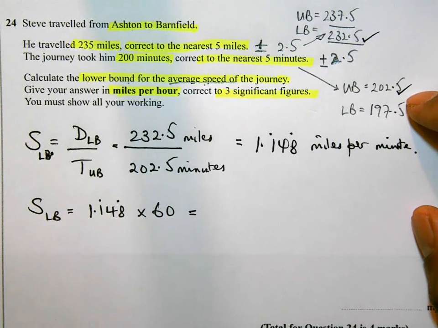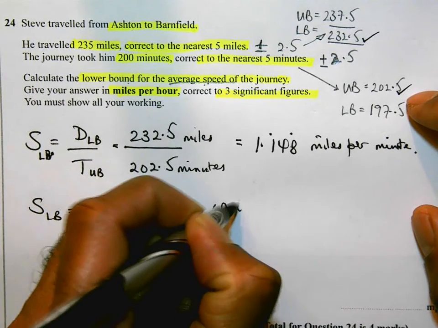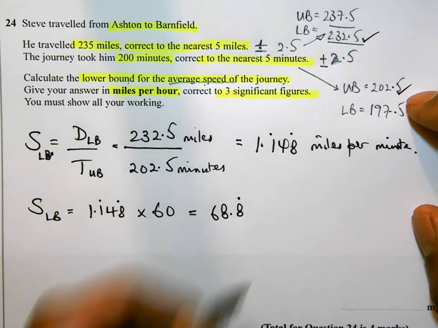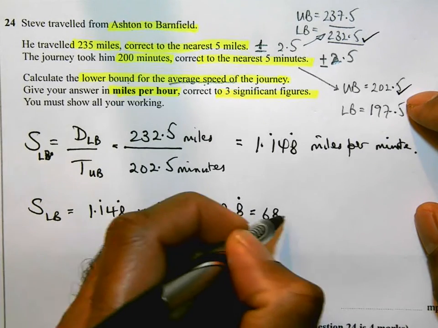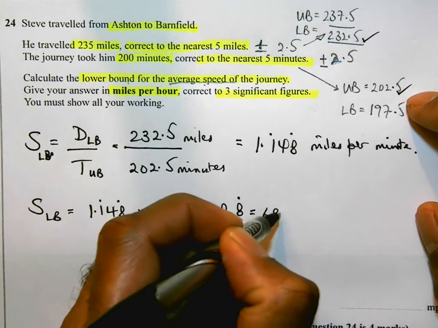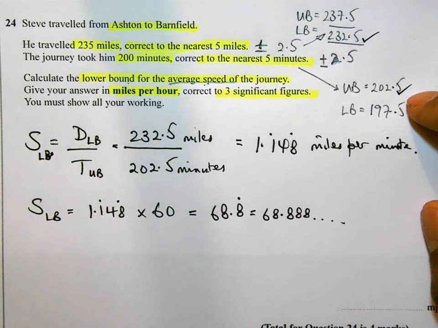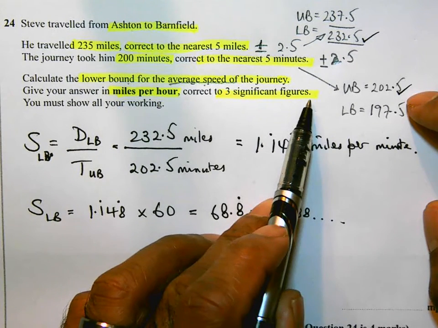Okay, now you need to be careful with this. If you're at this stage of the paper and you're working through these with the intent of getting all of these marks, 68.8 with a dot above it means 68.888, and so on. The question also says give the answer to 3 significant figures.